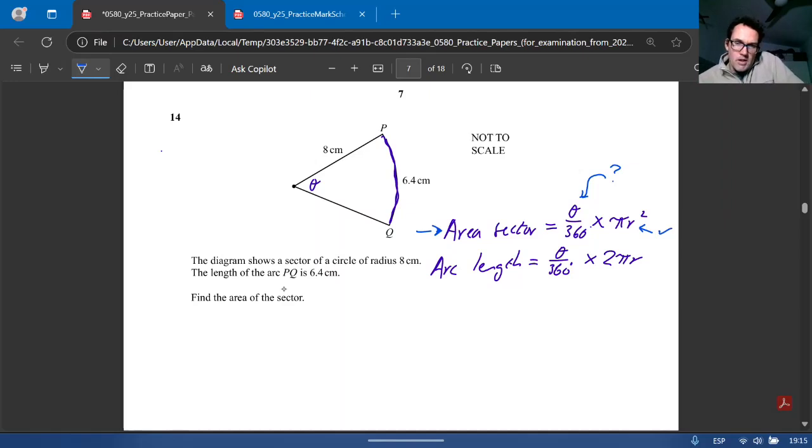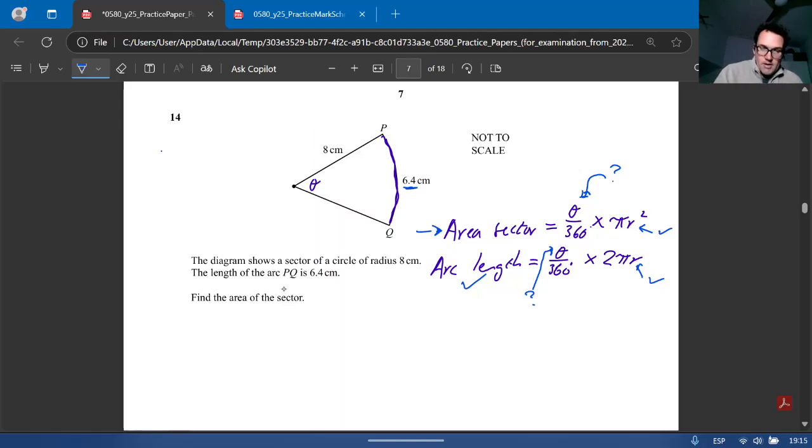But we need that angle. So let's go to the other formula, arc length. Well, we got the arc length. There it is. Okay, we got the radius. So maybe we can use this to find the angle. Okay, let's do that. So we're going to use that second formula.